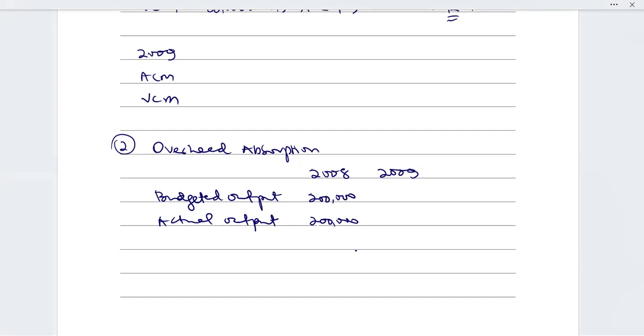So in this case, it means that the overhead is appropriately absorbed because what the company intends to produce is what they actually produce. So there is no difference. No difference. So you put a dash.